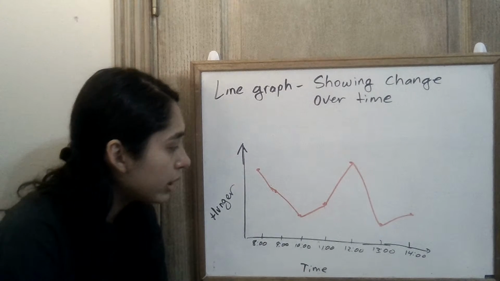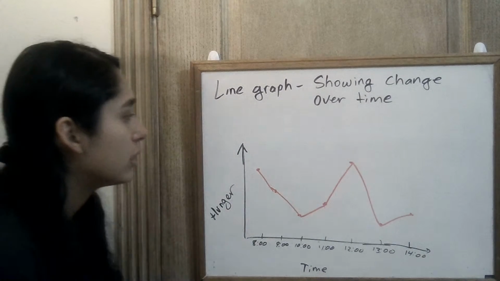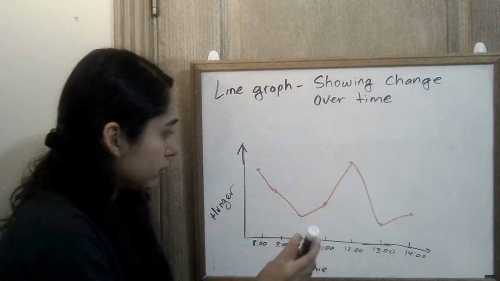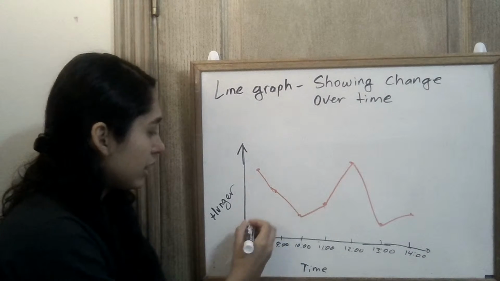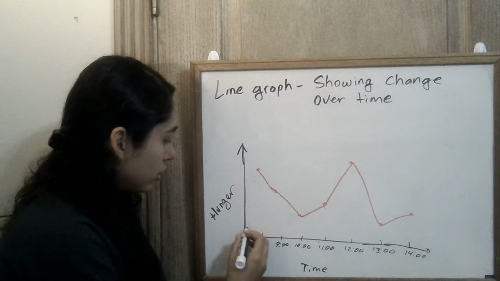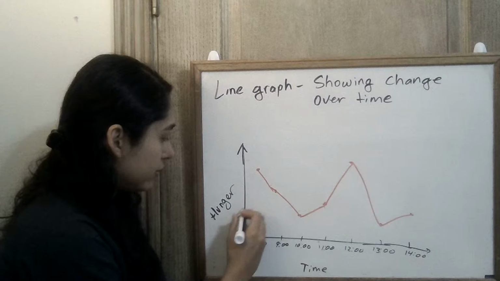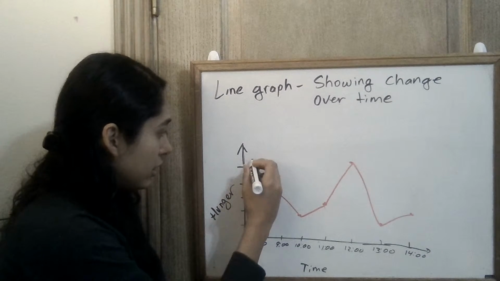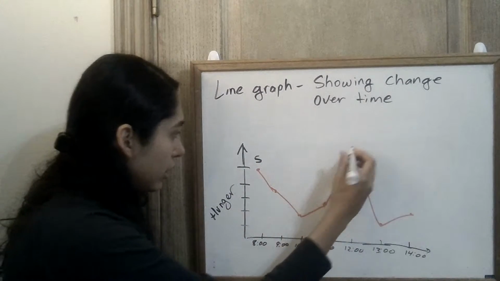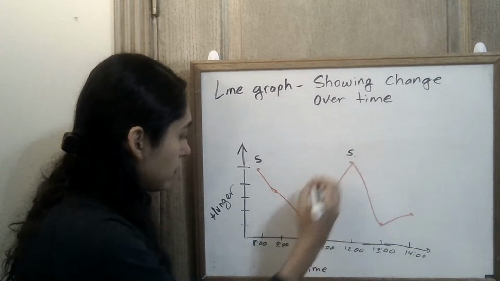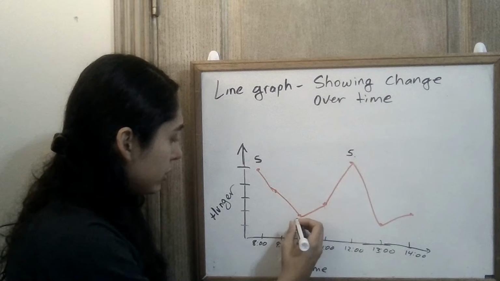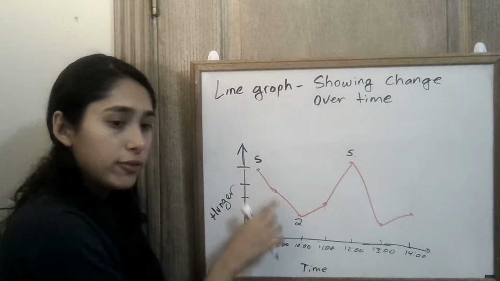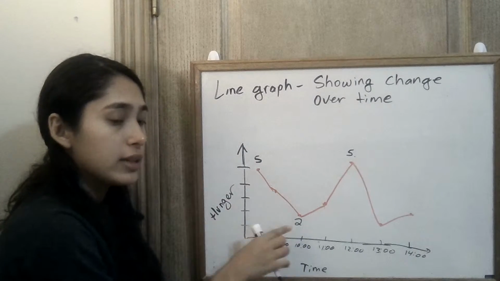Something else I want to point out is the difference between 2 points. So let's say that on a scale of hunger, say this was exactly a 5, and this was a hunger of 2. I know that the difference between these two, I can just go ahead and subtract.